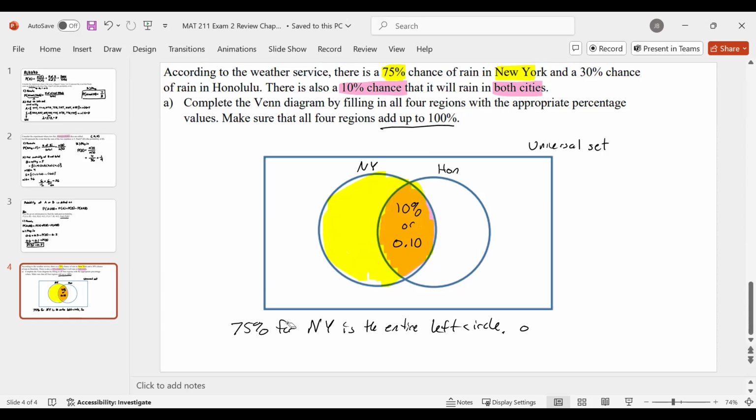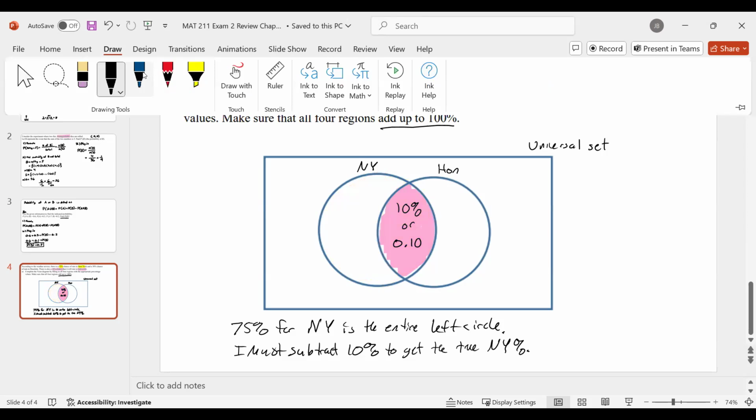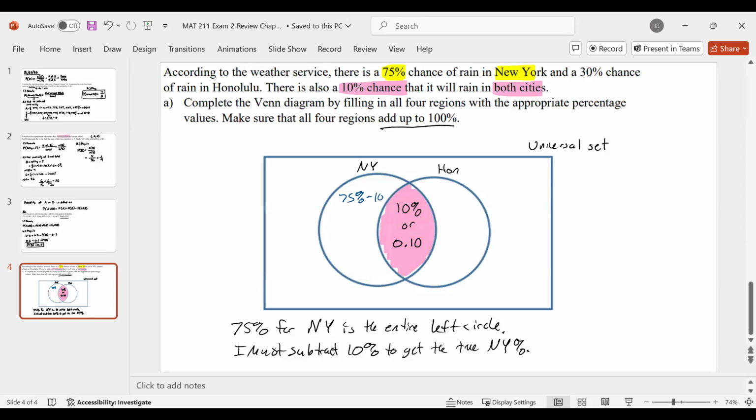So I must subtract 10% to get the true New York percent. Really what I want is 75% minus 10%, and that's going to be equal to 65% or 0.65.